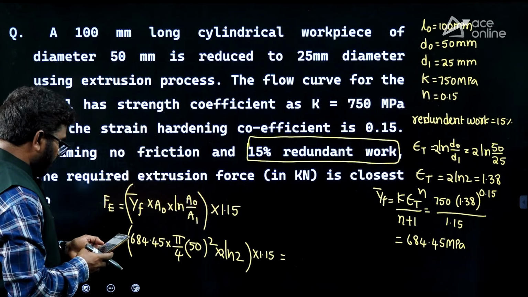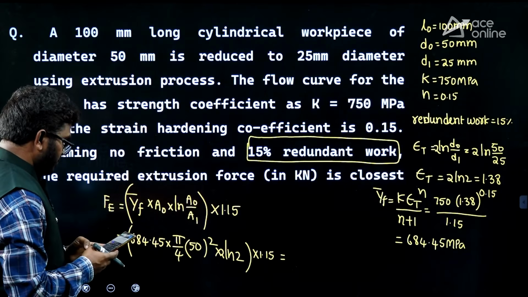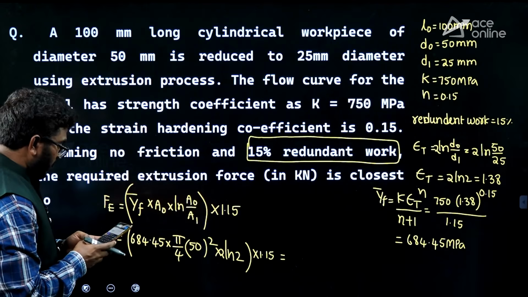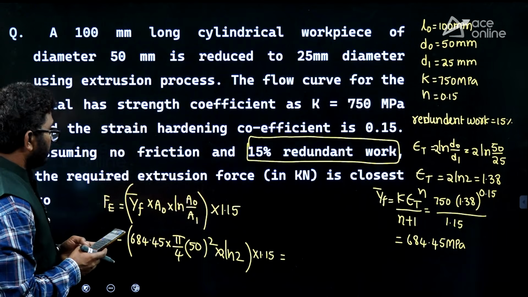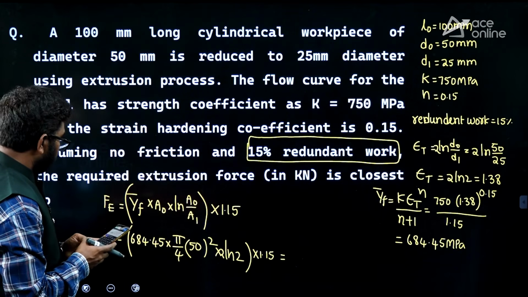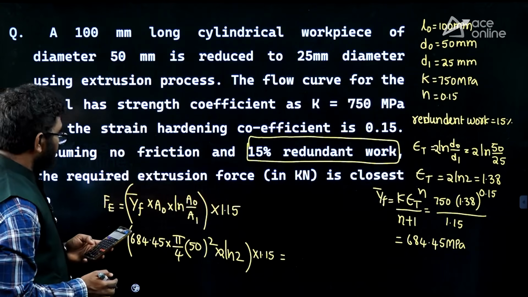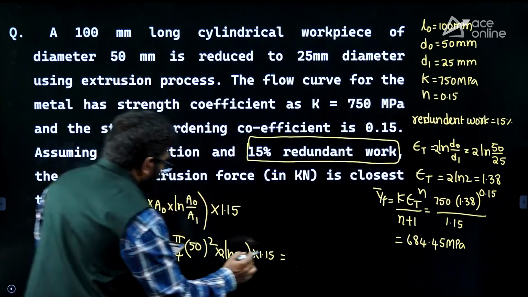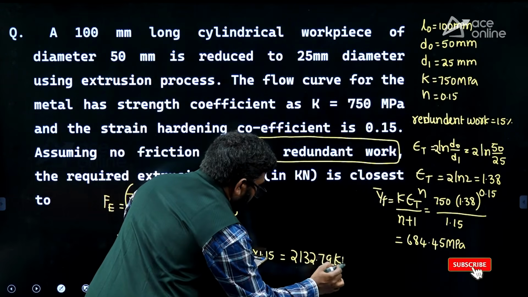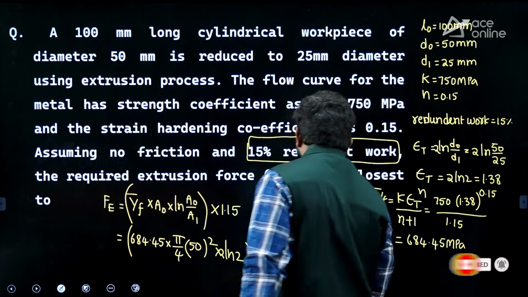First I will take pi by 4 into 50 square, into epsilon T, 1.38, that is 2 ln 2, into 1.15 into 684.45. So what is the answer? Approximately 2132.79 kilonewton. You will get it, right? So this is the answer.